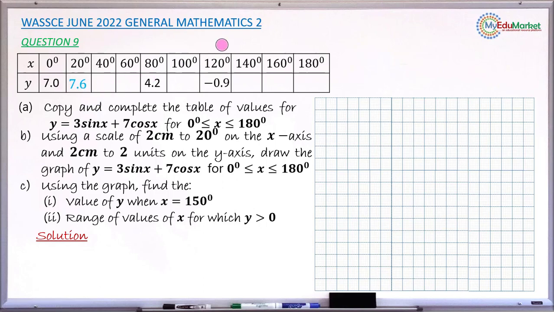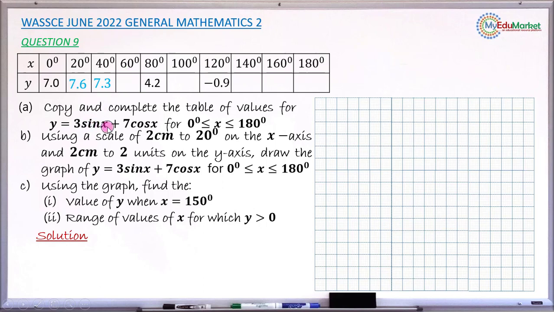The next missing value of y is when x is 40 degrees. Find sine 40 multiplied by 3, keep the answer separate. Find cos 40, multiply it by 7, then add the two results. If that is done correctly and you round to one decimal place, you have 7.3. Next is when x is 60.